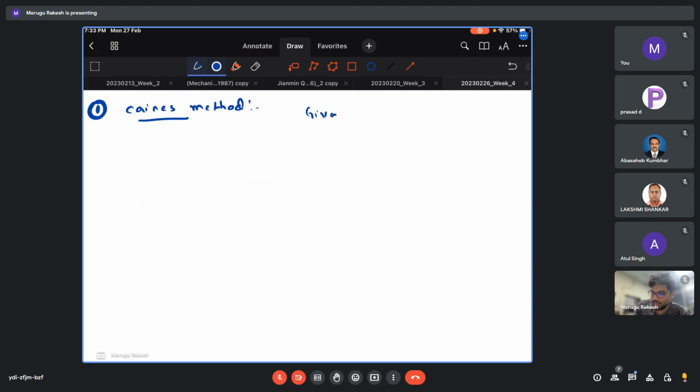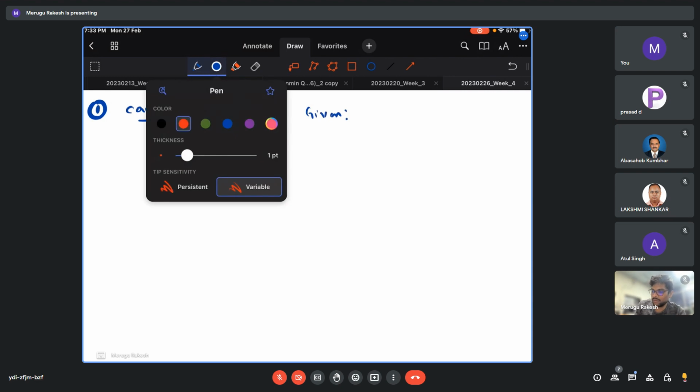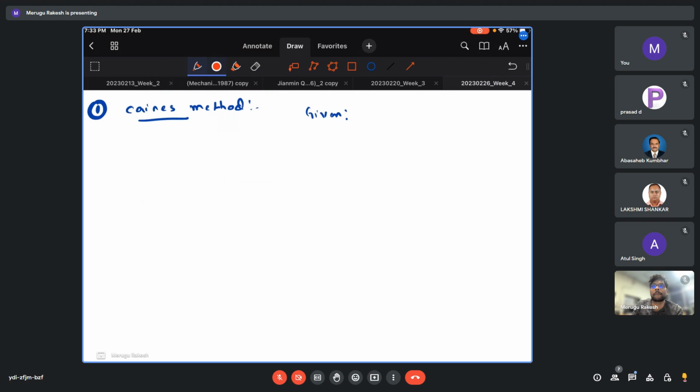So we have a casting of 25 centimeters by 12.5 centimeters by 5 centimeters, and we have A value as 0.1, B as 0.0, and C as 1, and the riser is a side riser with diameter equal to height.